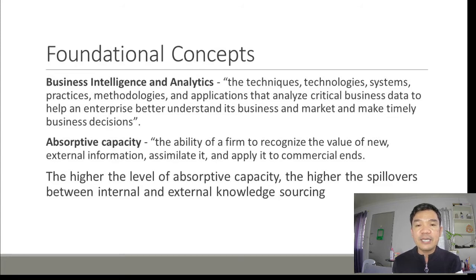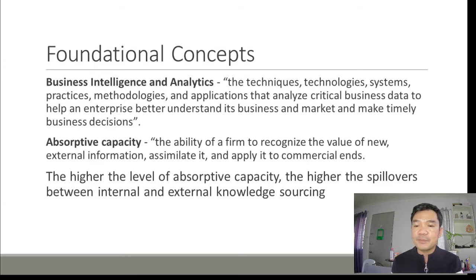So they adopt a certain definition of business intelligence as techniques, technologies, systems, practices, methodologies, and applications that analyze critical business data to help an enterprise better understand its business and market, and make timely business decisions. So it's really obvious that business intelligence is related to business decisions.